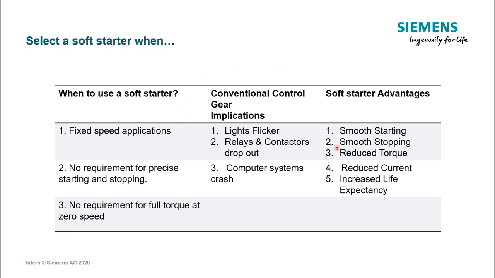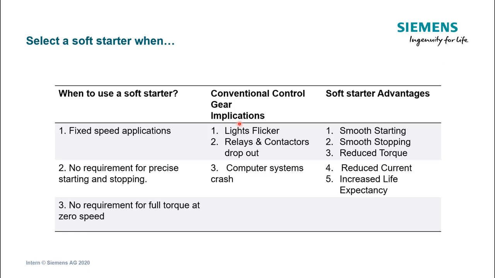Typical conventional control gear has various different implications on the power network. We always suggest using various different methods of switching motors on and off. For example, if you were using direct online starters throughout a factory and you were switching them on regularly, that would have implications on your power network.